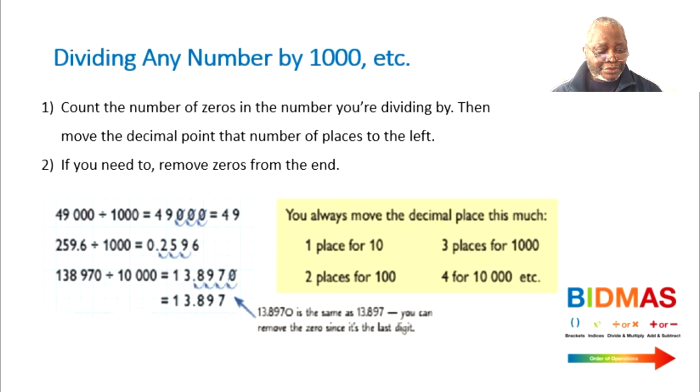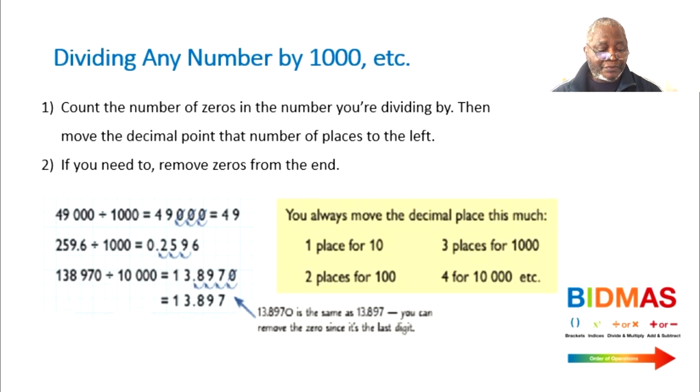Let's look at the examples again. 49,000 divided by 1,000 is equal to 49 because you remove 3 zeros. You've moved your decimal point to the left. 259.6 divided by 1,000 becomes 0.2596.